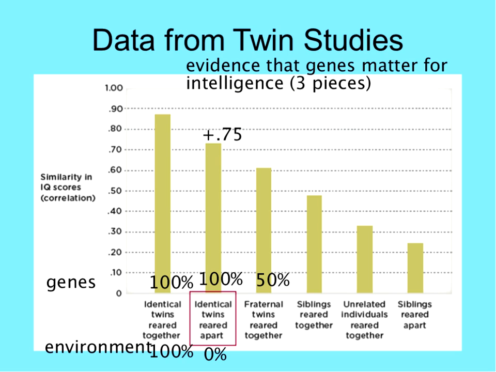Fraternal twins reared together, 50% of the genes, 100% of the environment. Siblings reared together, 50% of the genes, how much of the environment? They're reared together, 100% of the environment. Unrelated individuals reared together, 0% of the genes, 100% of the environment. And then siblings reared apart, 50% of the genes, 0% of the environment.